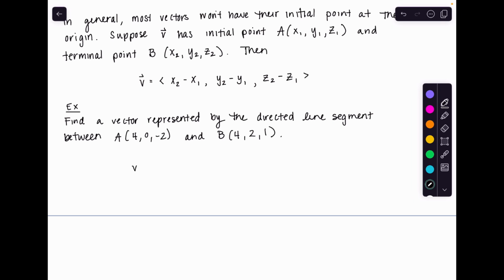So we'll call this vector V, which starts at A, ends at B, and it has three components.